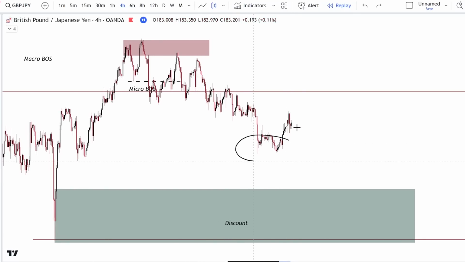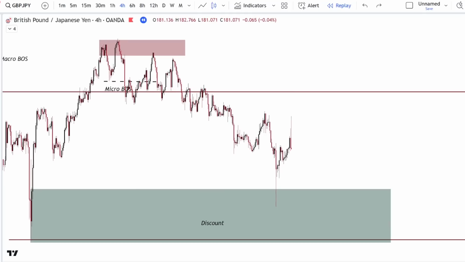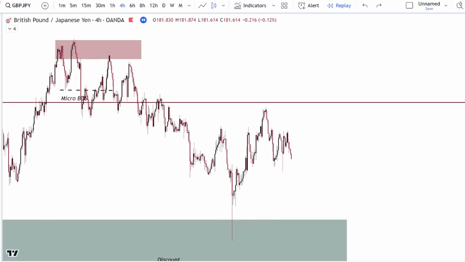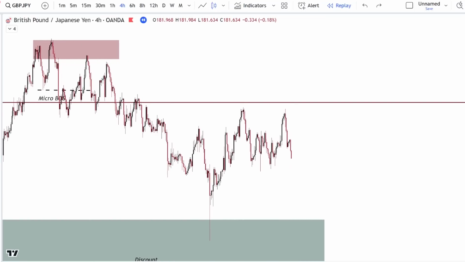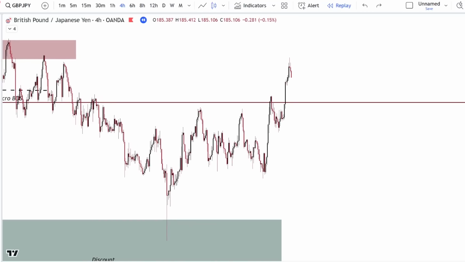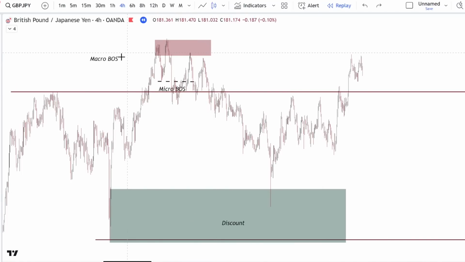And that turbulence gave you a pullback back to the upside, trying to trick you into taking a buy position now. And where is your danger zone?